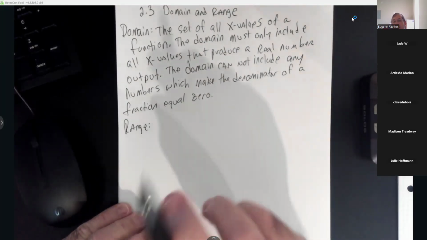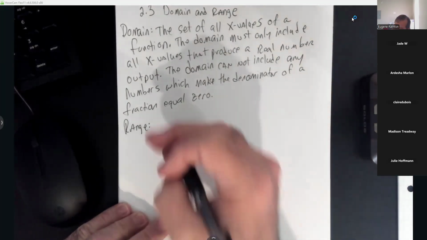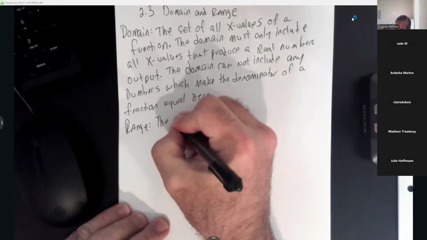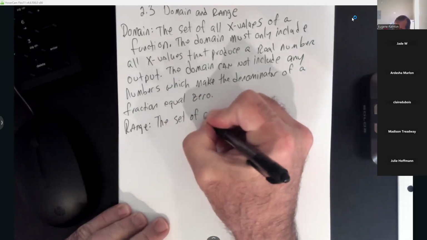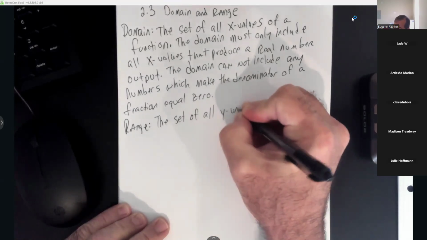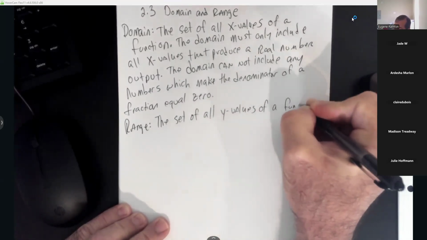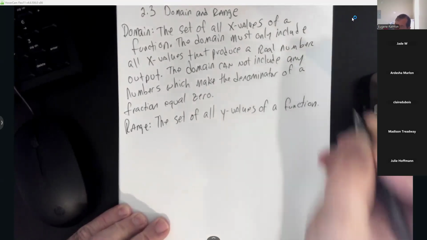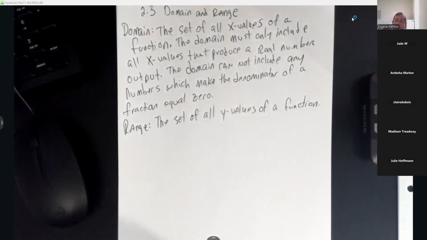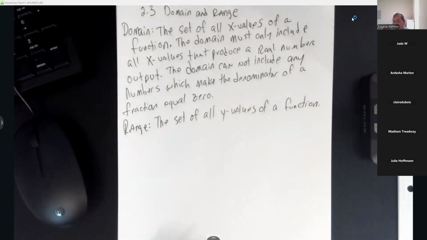So really the range is the set of all y values of a function. Okay, and the y values, you can also look at them.